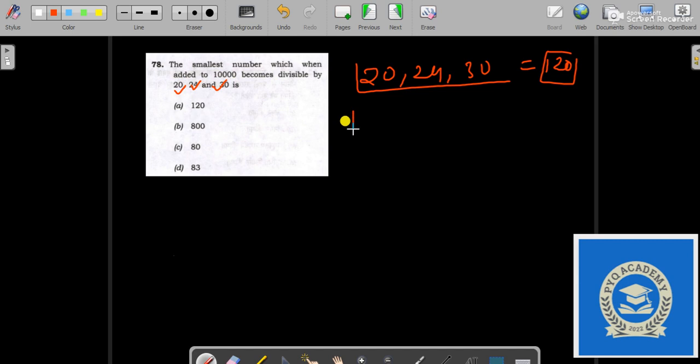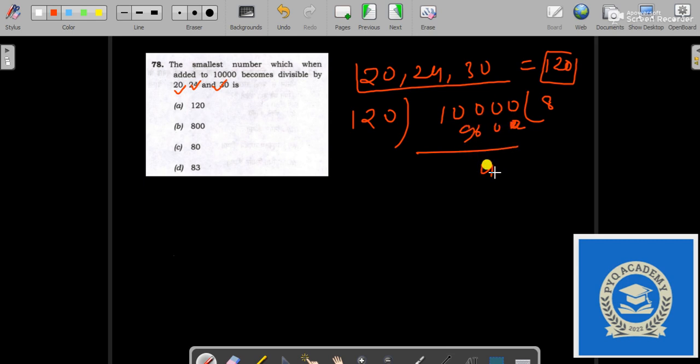So let's divide 10,000 by 120. By dividing 10,000 by 120 we will get 83 and some remainder, so 120 times 83 is 9960. If it was asking how much less, we would have taken 83 times, but it is asking how much more, so we can exceed.